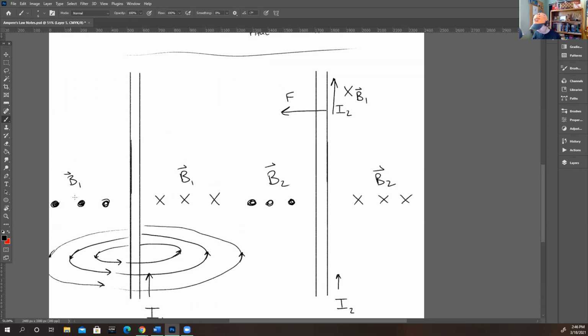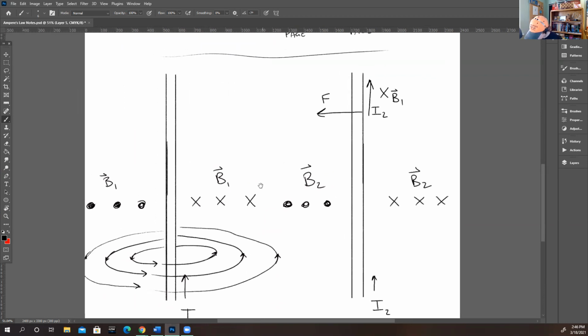Let's do the same thing for wire 1. That should be a lot simpler now that we have a handle on it. We need to see which direction its own current is going. It's going up. Which magnetic field is it moving through?